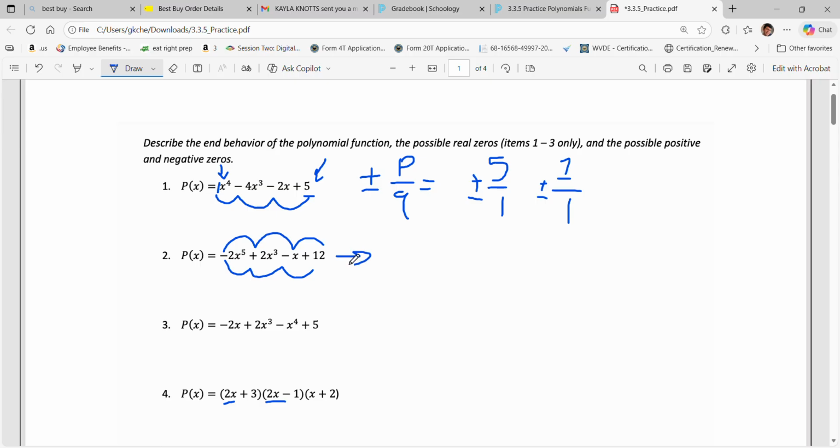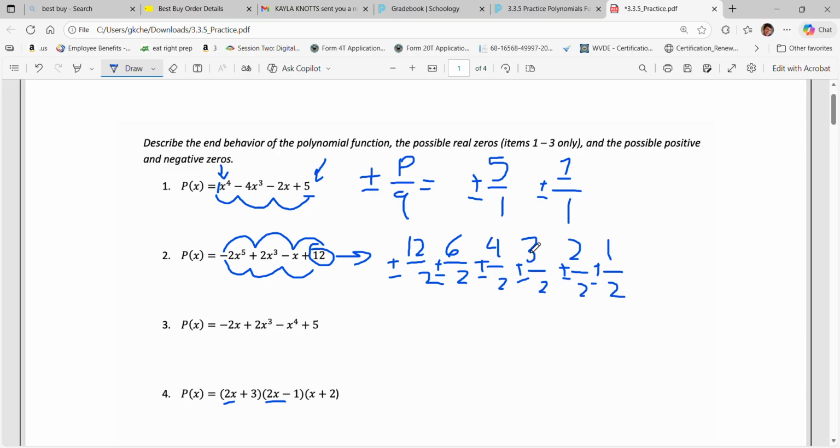I'll just real quickly throw out for this one, because this one's a little more complex. You would put the possible factors of 12, which are 12, 6, 4, 3, 2, and 1. And you have to put those all over the possible factors of 2. Now, I know it's a negative 2, but since we're plus minusing all these, it doesn't really matter if it's positive or negative. They're all going to come out as positive or negative in the end anyway. Now you might think, okay, so I'll put these all over 2, right? And that's true.